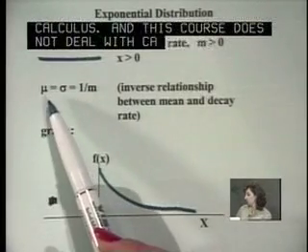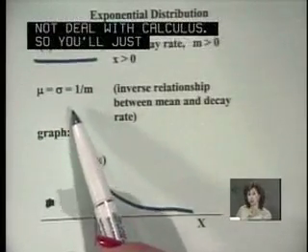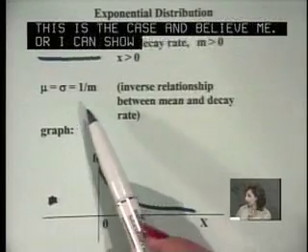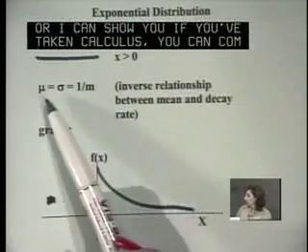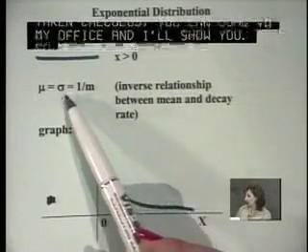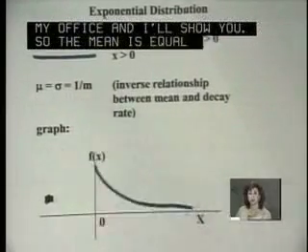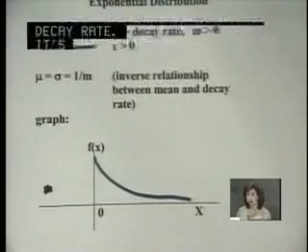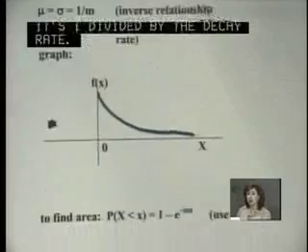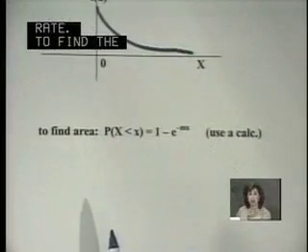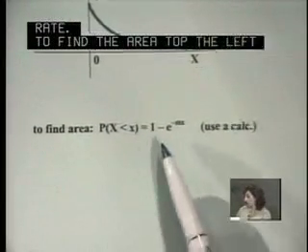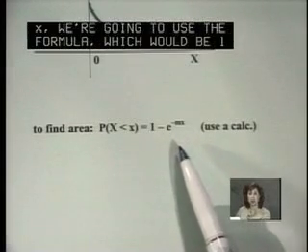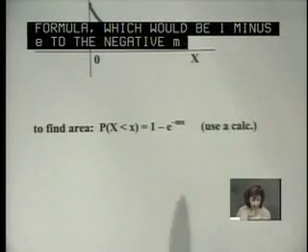So you'll just need to know that this is the case and believe me, or if you've taken calculus, you can come to my office and I'll show you. So the mean is equal to the standard deviation, and it's an inverse relationship with the decay rate. It's 1 divided by the decay rate. To find the area to the left of x, we're going to use the formula 1 minus e to the negative mx, and we're going to use a calculator for this.